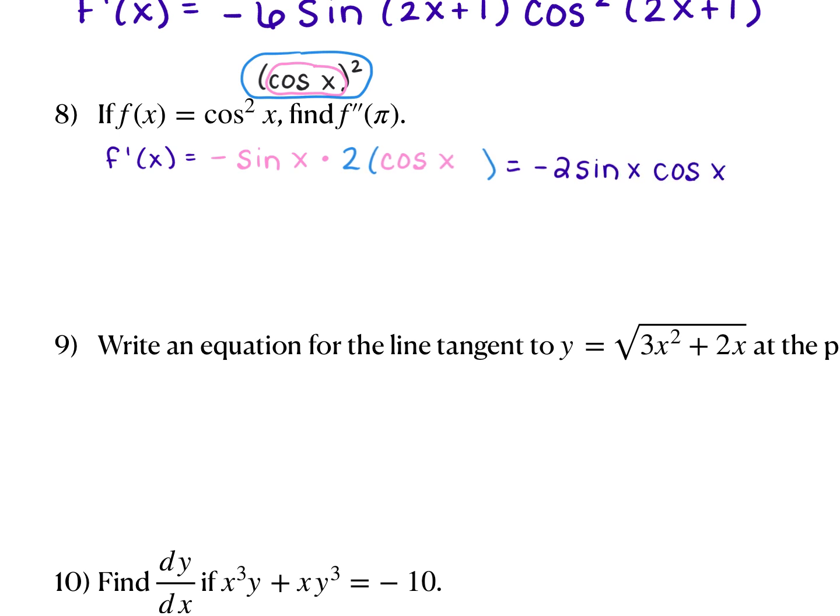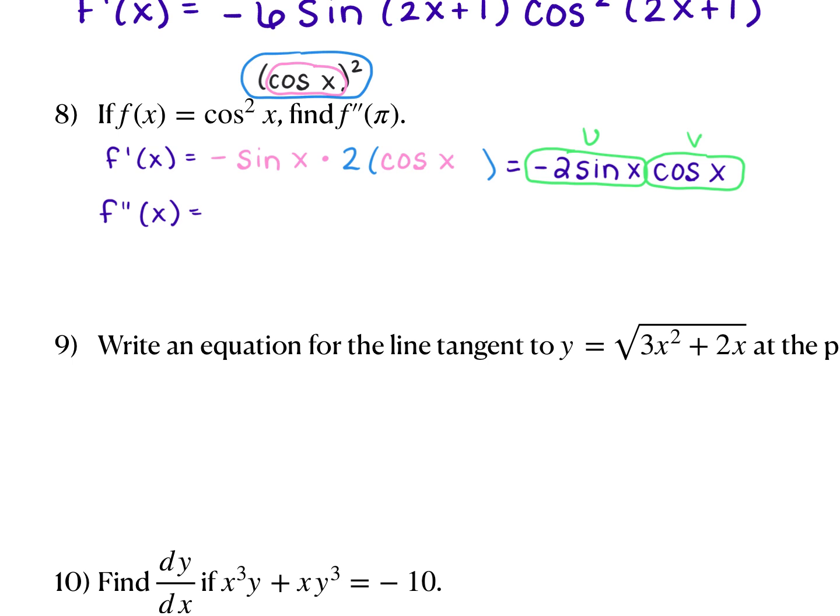The problem we're going to run into here when we go to do our second derivative, it's not really a problem, it just makes the problem a little more complex, is now I have a product on my hands. So I'm going to have to do some product rule here. Let's separate our u and our v. This is going to be my u, and this is going to be my v.